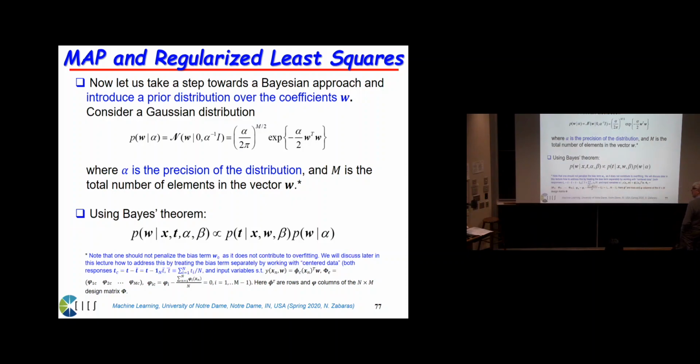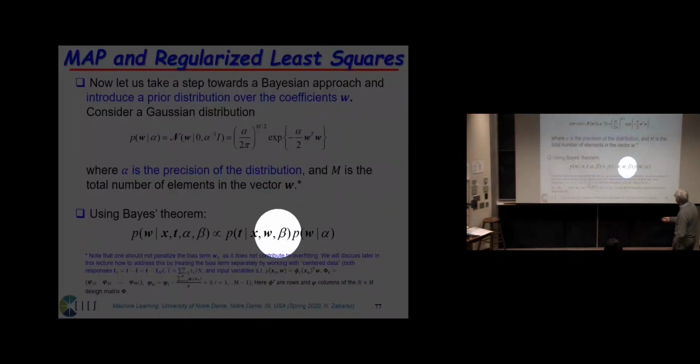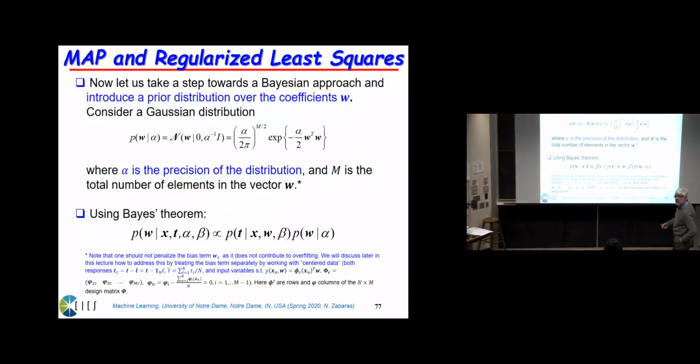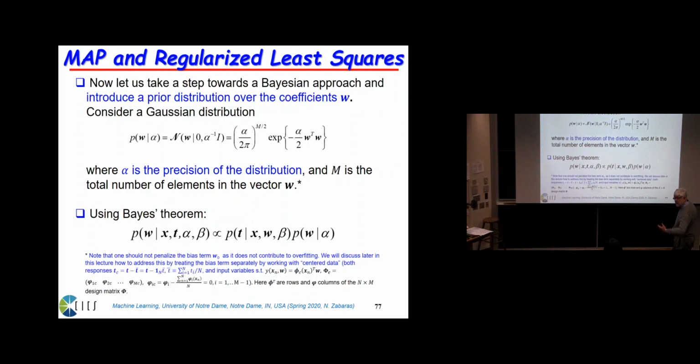Okay, so I don't want to do the algebra because I don't think it is in the slide, since the algebra is trivial. You remember the log likelihood contains the square error of how well my regression function approximates the training data in the square sense, all right?